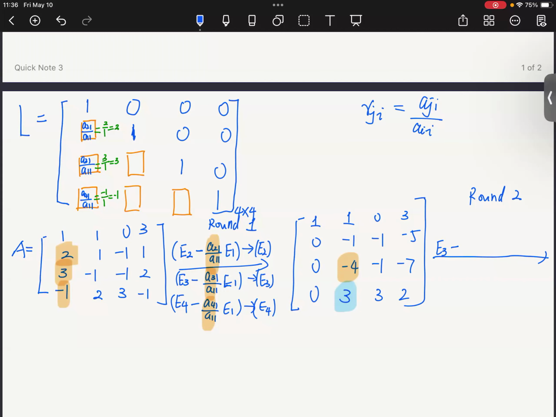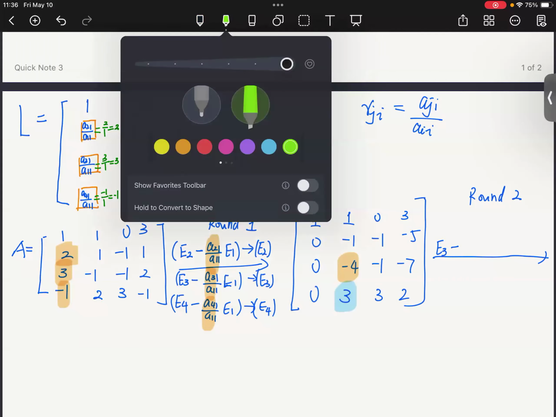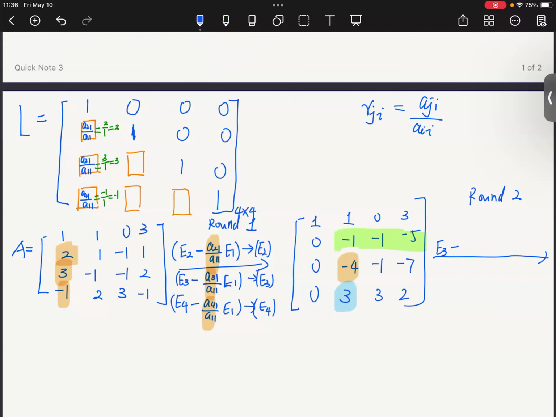Minus, and then we are going to use the second row to eliminate the third row. So here we have the second row. And then what is the ratio?